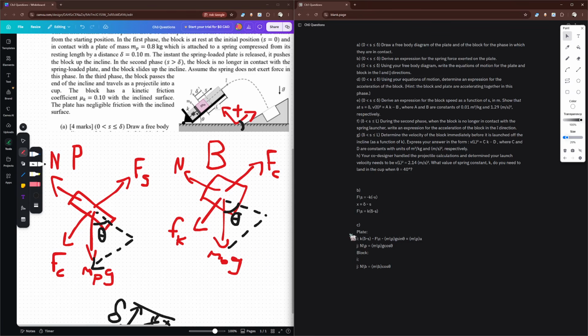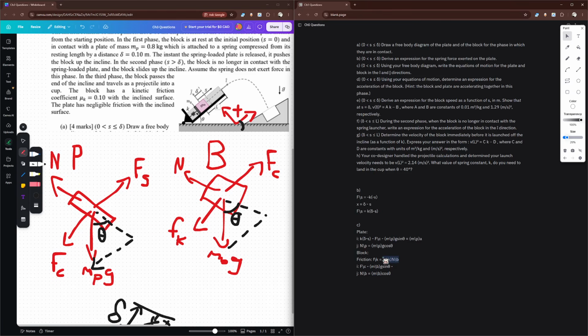And then for i, let's see what we have. We have Fc is positive. So Fc, what else do we have? Minus the sine term of the weight, minus mb g sine theta, and minus friction. Now what is friction? I'm going to put that here as a note. Friction, specifically kinetic friction, is equal to mu k N, and since it's on the block, this is going to be Nb, right?